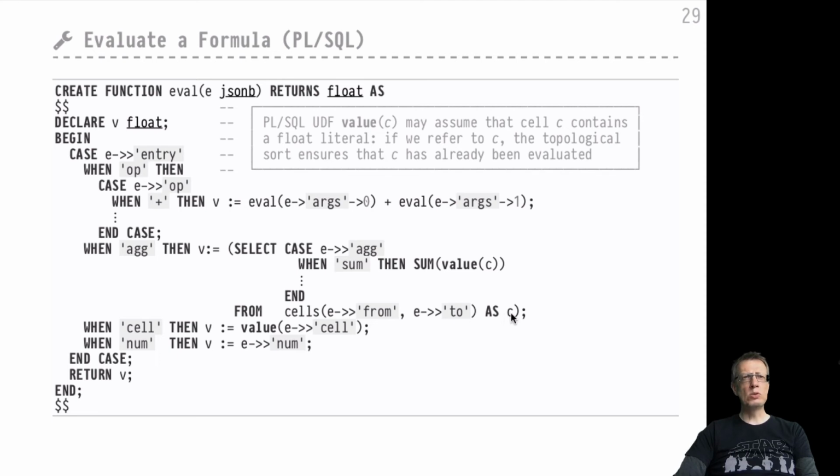So what we will do is range over all these cells C and simply extract their value. These cells cannot contain anything else but simple values, and then we aggregate these values. Which aggregate we compute is, of course, based on the aggregate symbol that is being represented inside the JSON object. So on summation, we will use the SQL sum aggregate here.